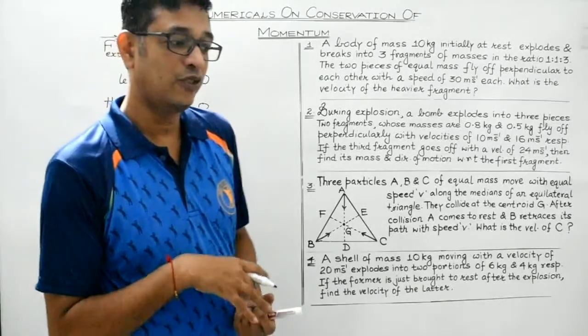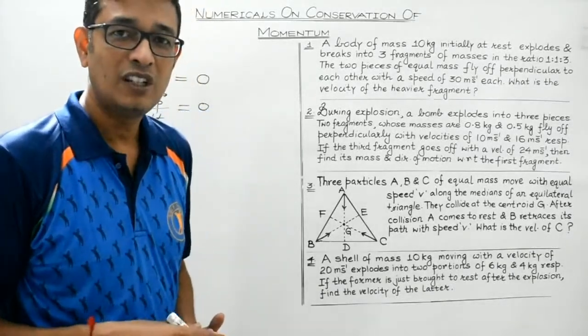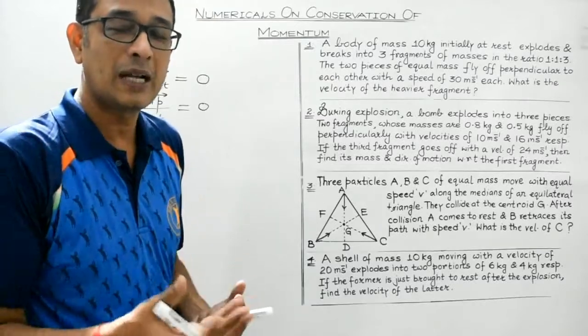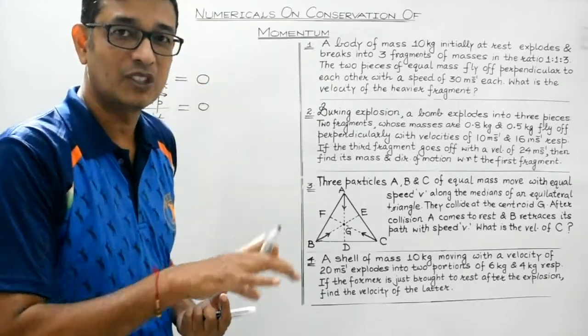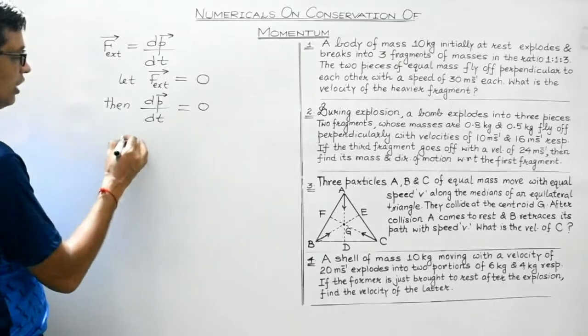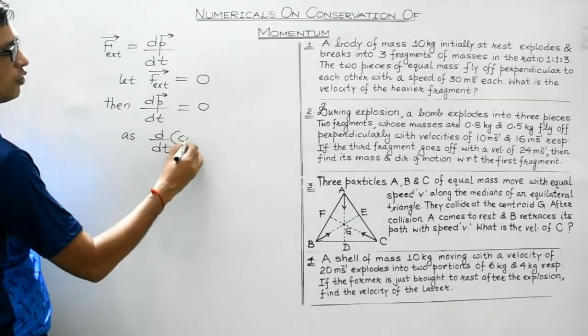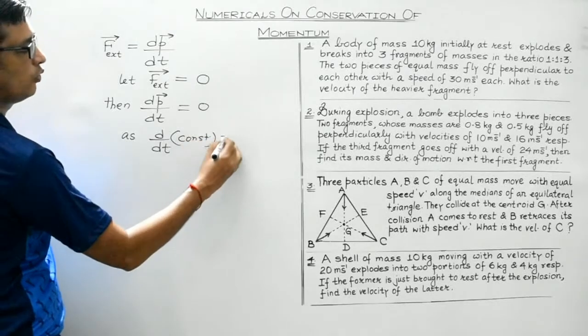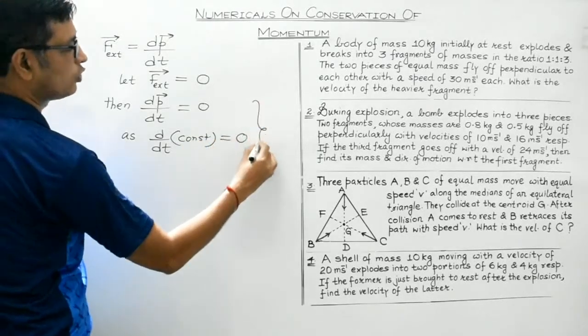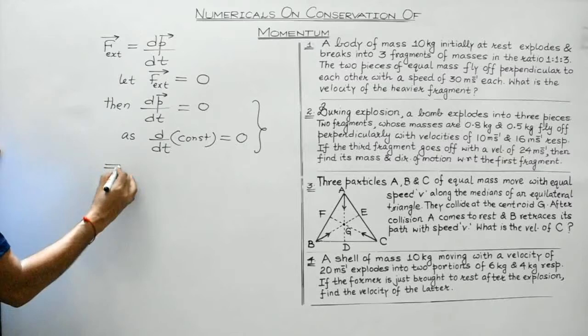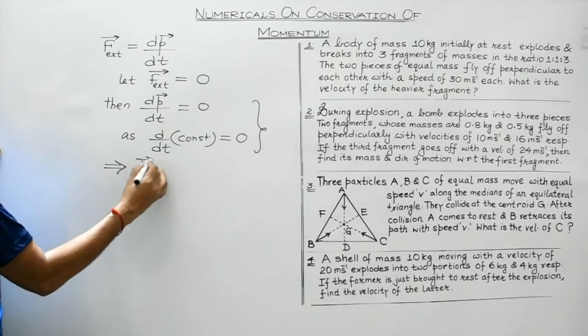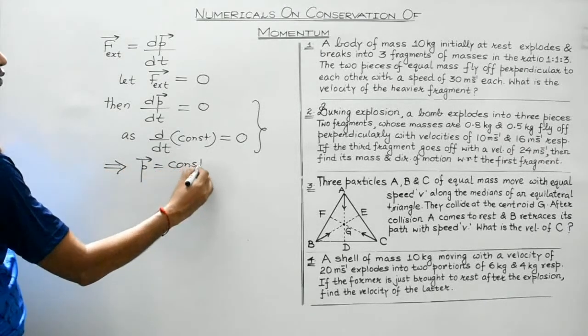So if the net force acting on a system is 0, then the time rate change in the momentum of the bodies that constitute the system must also be 0. Now as we are aware, differentiation of a constant is always 0. So from these two facts, we conclude that P vector is equal to constant.